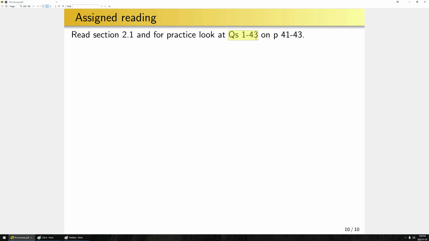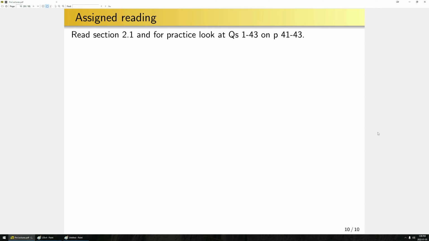It's just a large list of questions that you could look at to get more practice solving equations like this. So solve as many of them as you need to feel comfortable with the basic process of how to attack these types of differential equations. And then you can save some of them for practice for, say, the midterm or the final.